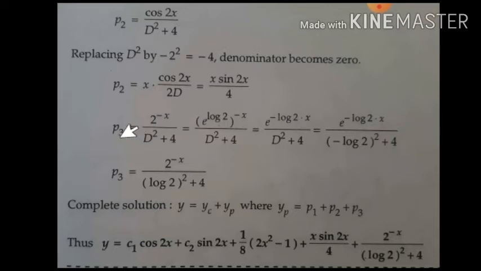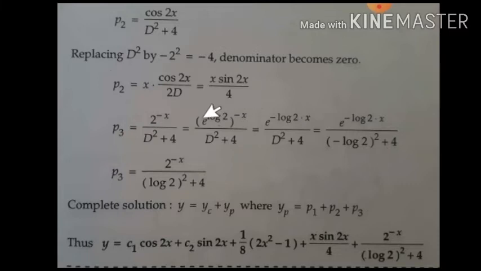Now the third term is 2 to the power of minus x. While discussing type 1, I told you that functions can be converted into the form of type 1. Here 2 to the power of minus x can be written as e to the power of log 2 whole to the power of minus x, since m to the power n is e to the power of n log m.